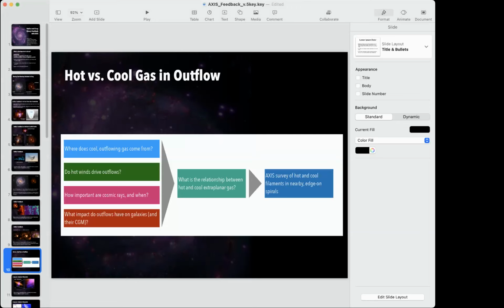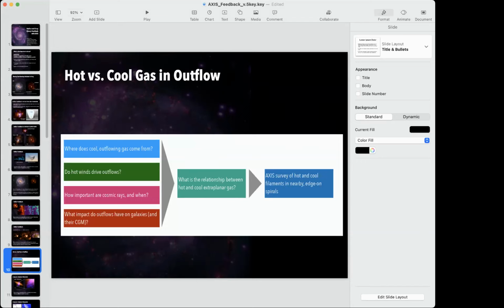So, slightly moving on to a different science case, the relationship between hot and cold gas in galactic outflows is the big missing piece to answering fundamental questions like where does the cool outflow gas come from? Do hot winds drive outflows?